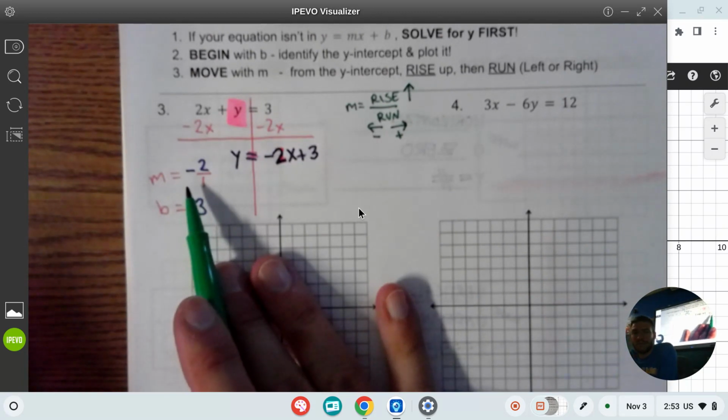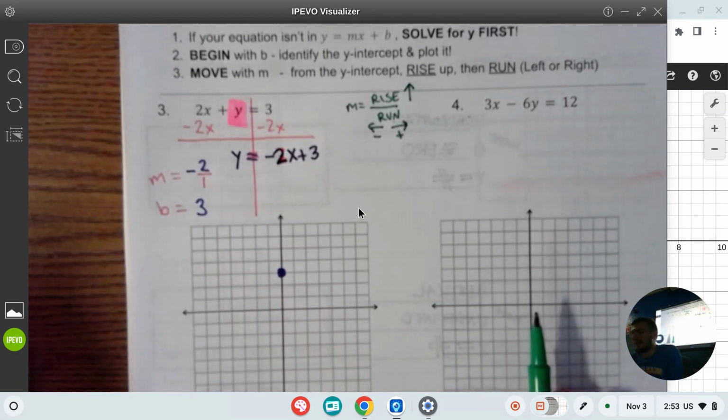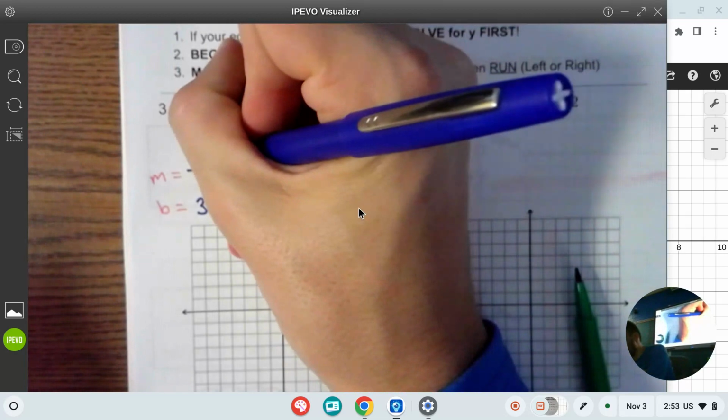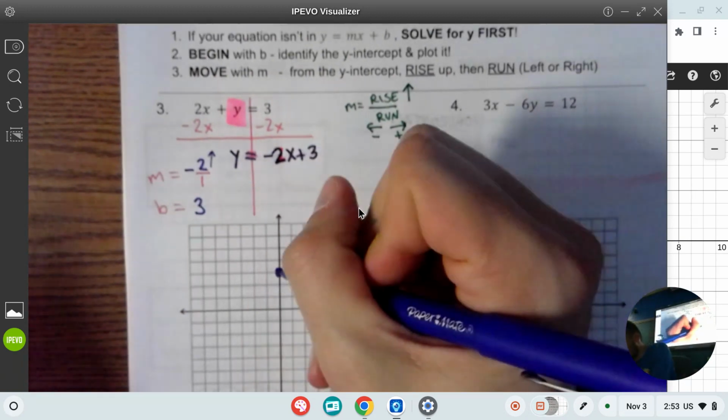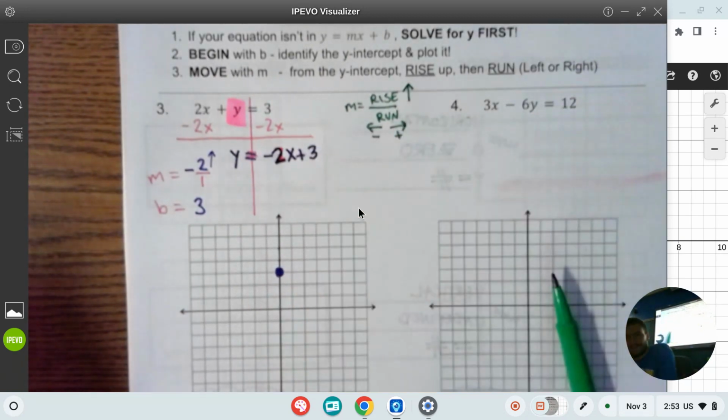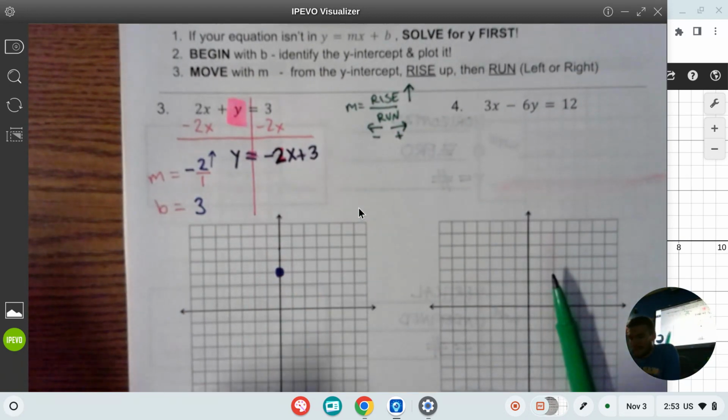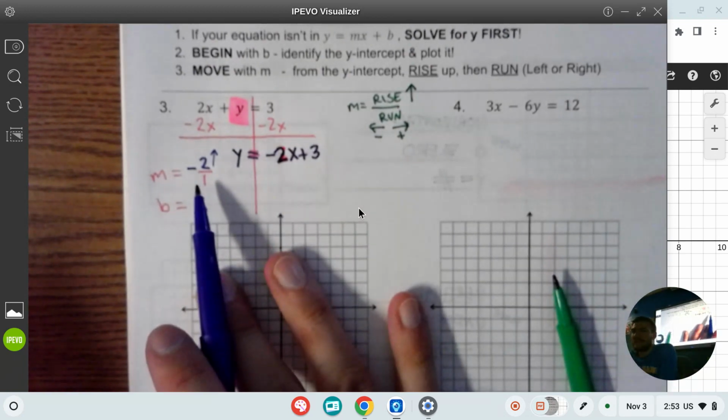Looking at this number here, the first thing I'm going to do is totally ignore the signs. I'm just going to look at the top number, and that is a 2. And so I'm going up 2. I'm going to look at my dot here, and I'm going to count 1, 2. But before I put anything down, I also need to go to the side.